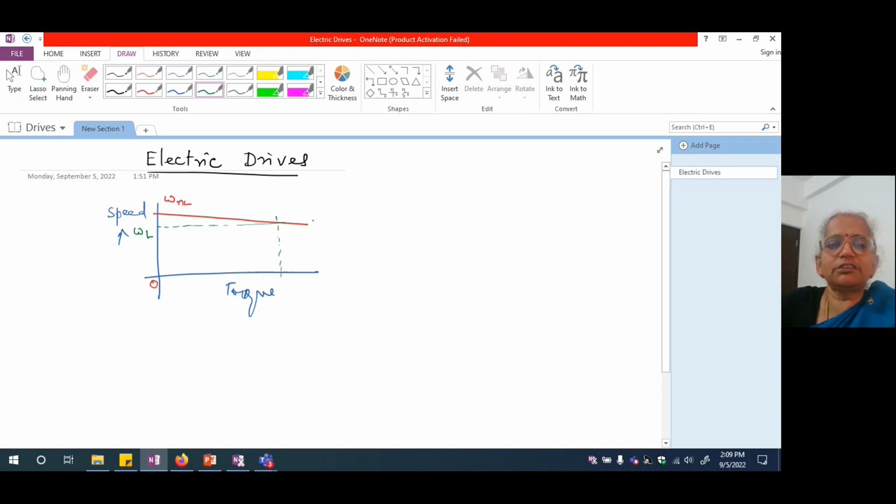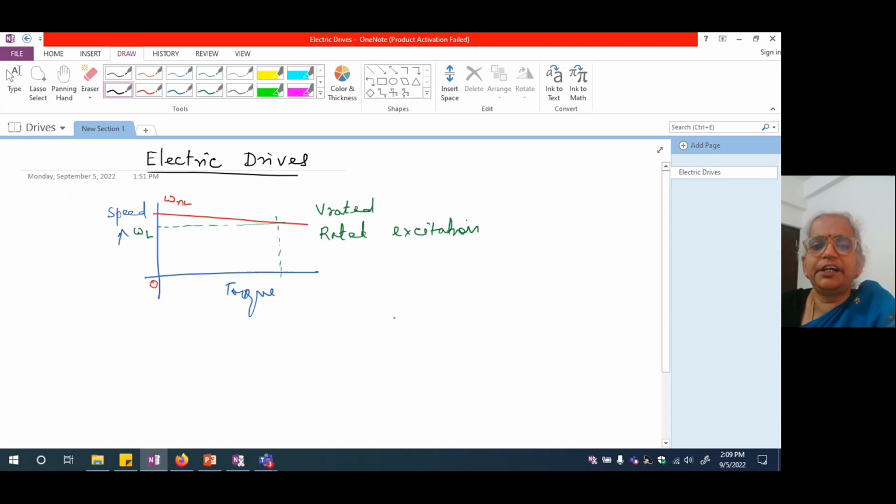But of course, this is when we are applying rated voltage and rated excitation. So when we give rated field excitation and rated voltage, this is going to be a fixed characteristic as far as the DC motor is concerned.